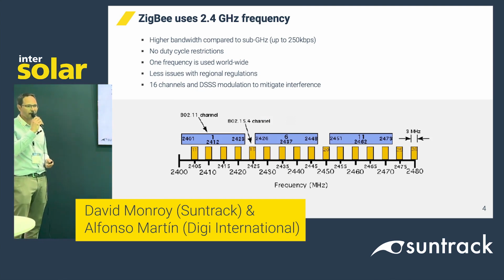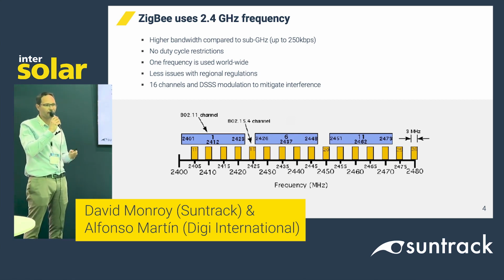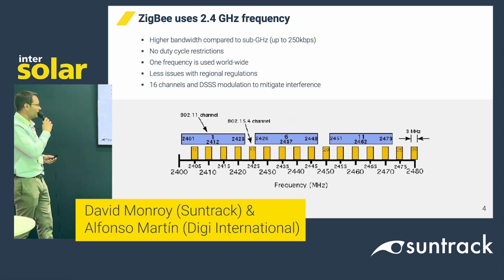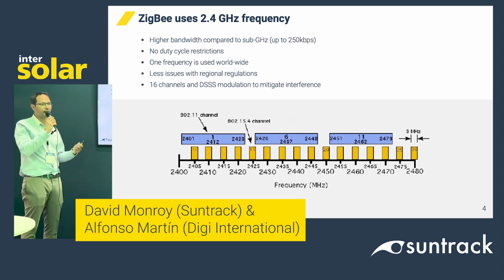Zigbee is using the 2.4 GHz band, which is the least regulated. You can also use it worldwide, so it's simple because one device can work in all the countries, and there are no duty cycle restrictions, which means that the nodes can speak at any time.